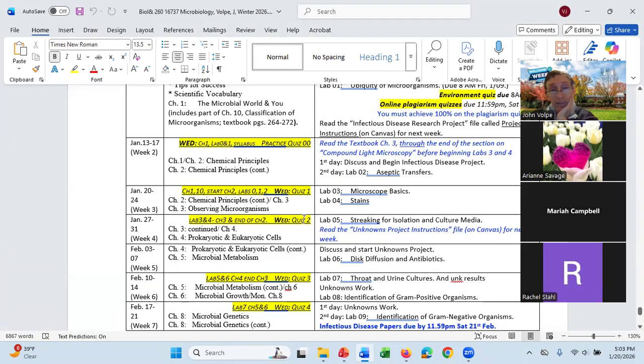This exam, this Wednesday, which will be the 21st, if I'm not mistaken, will be quiz one. It'll cover chapter 1, chapter 10, only chapter 10, and the start of chapter 2. So everything that we covered so far in chapter 2, as well as lab 0, 1, and 2, will be on the first quiz. Any question about any of that?